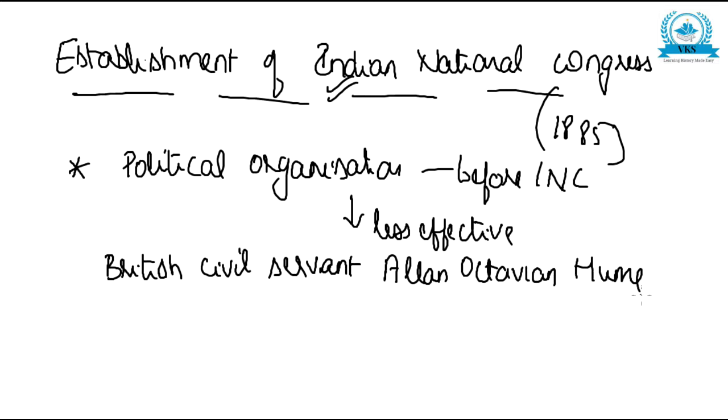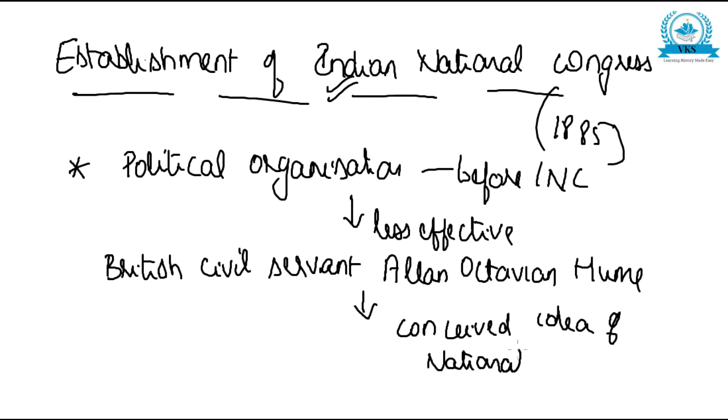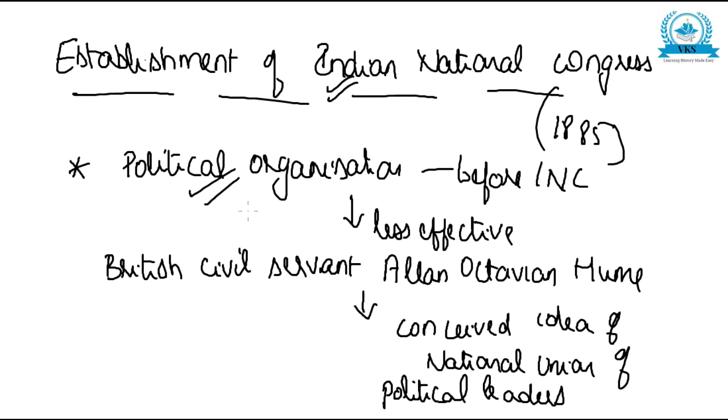He was the person who conceived the idea of a national union, a national union of political leaders. So the political organization before Indian National Congress was less effective and worked in different provinces.